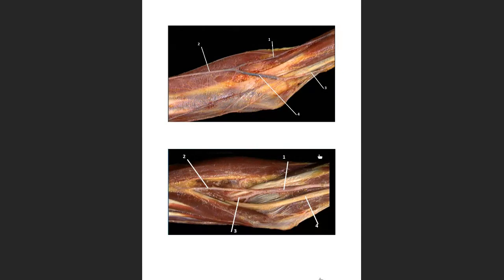Is it the median cubital vein? No, sorry, you're right, it's the median nerve. Whoever said the median nerve is correct. So that was you, Michaela, right? Yes. It is the median nerve. It's a white structure, so that would be a nerve. You can see here what the veins look like. They're darker in color because of the deoxygenated blood.